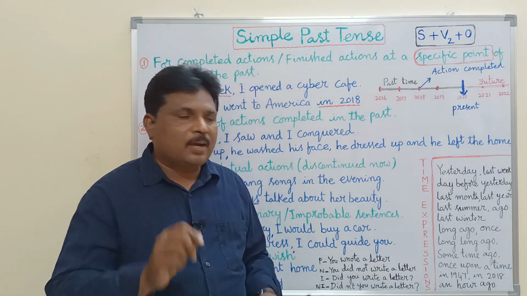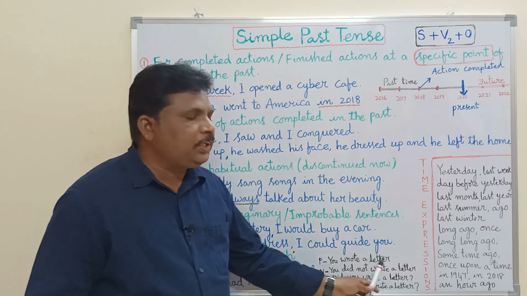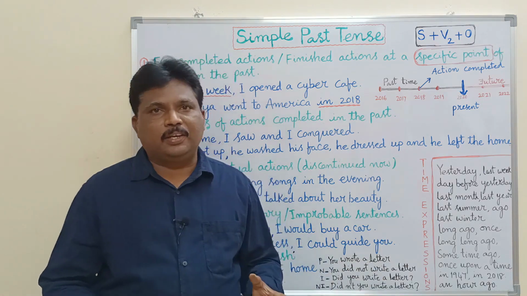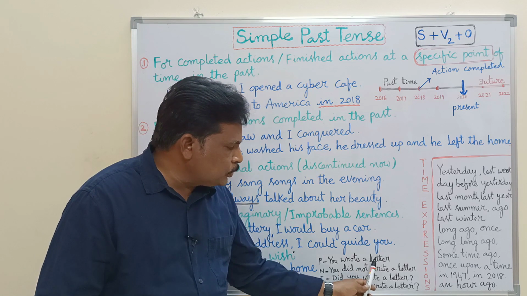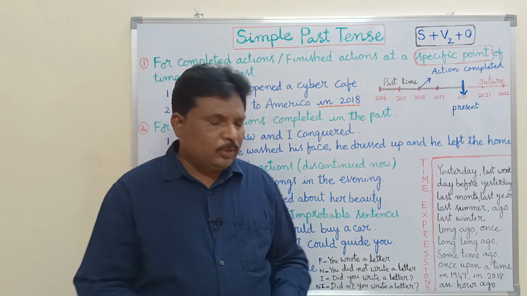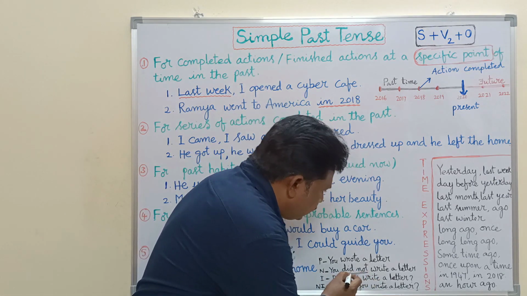Just for example's sake, I have written one sentence. For example, you wrote a letter. This is an affirmative sentence or a positive sentence. How to turn this positive sentence into a negative sentence? You did not write a letter.